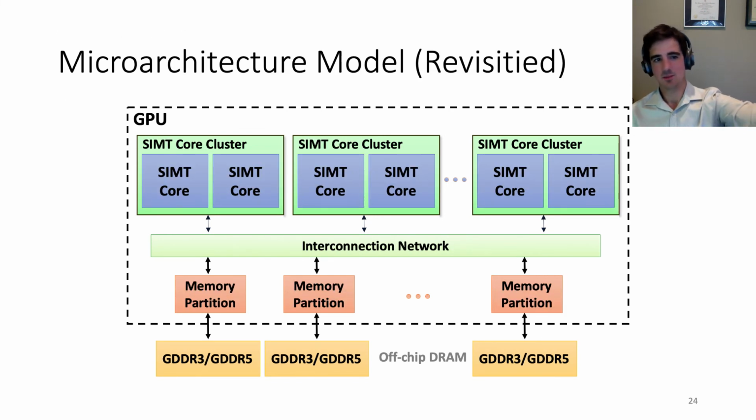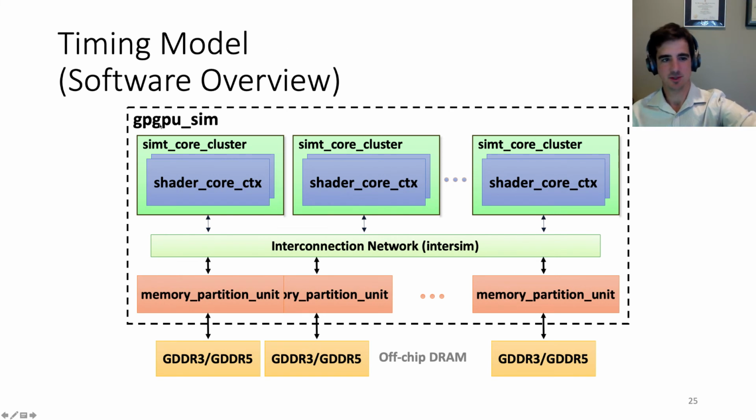Okay, so big GPU is named GPGPU-Sim. There's an object called SIMT core cluster. Inside there, we've got shader core context. Those are the classes that implement all of the stuff that goes on inside the shader cores. The interconnection network is this booksim thing.